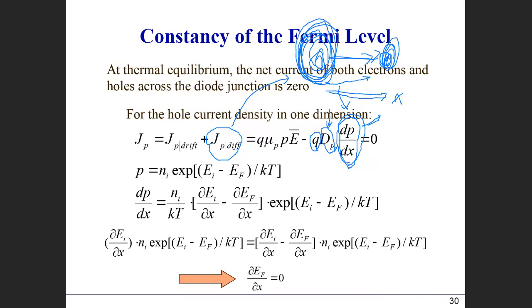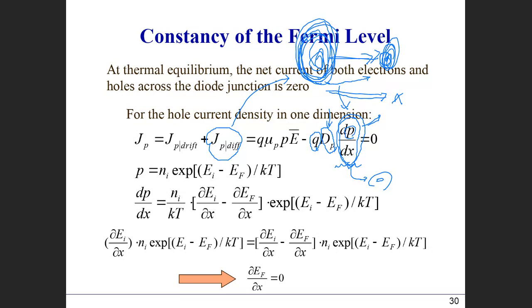So p is the number of holes, and dp/dx is the derivative of the holes in terms of x. So for example, if p is constant throughout the structure, then again there is no diffusion, so this term is going to be 0.